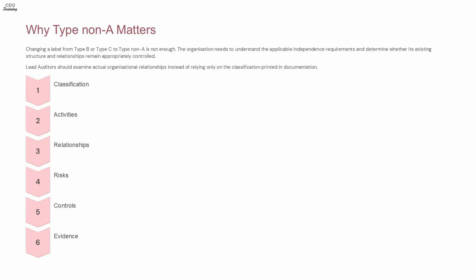Changing the label from Type B or Type C to Type Non-A is not enough. The organization needs to understand the applicable independence requirements and determine whether its existing structure and relationships remain appropriately controlled. Lead auditors should examine actual organizational relationships instead of relying only on the classification printed in documentation.